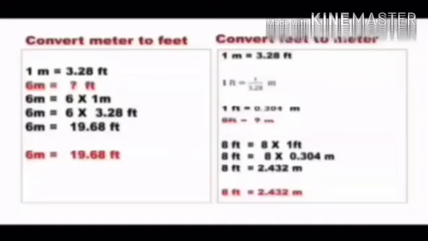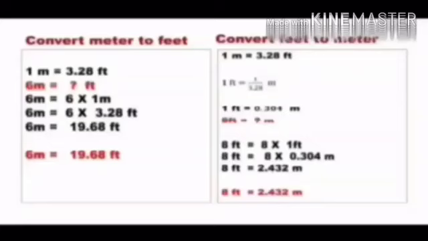If 1 meter equals 3.28 feet, then 1 feet is equal to 1 by 3.28 meter. So 1 feet will be equal to 0.304 meter. Let us find how many meters are in 8 feet.